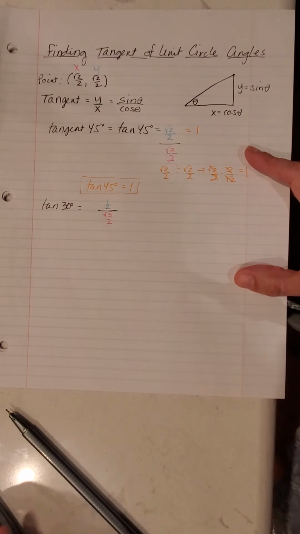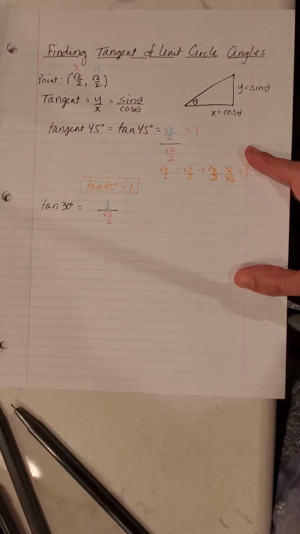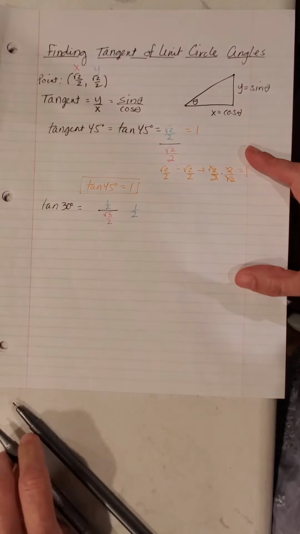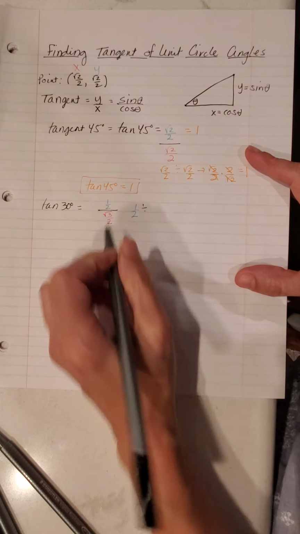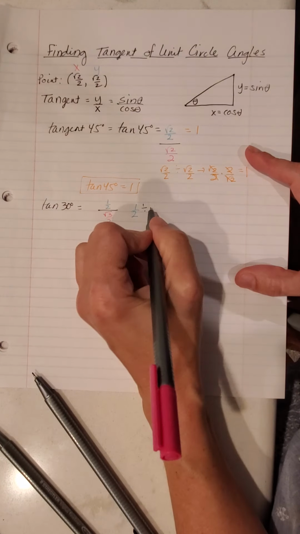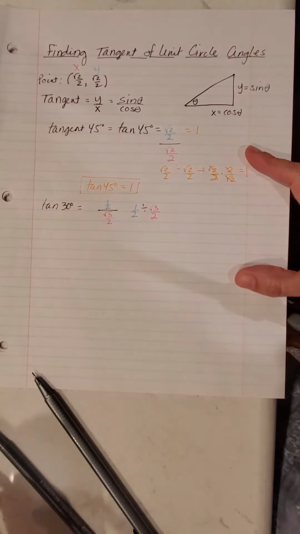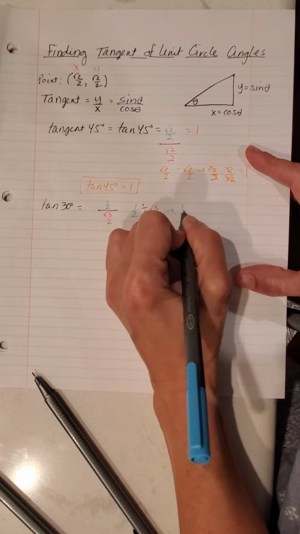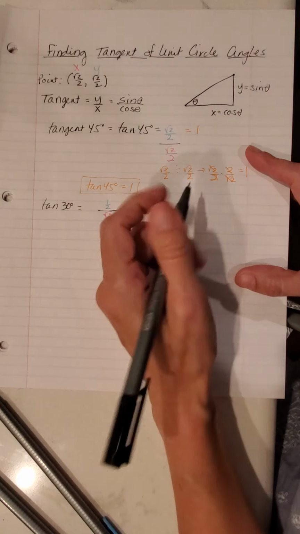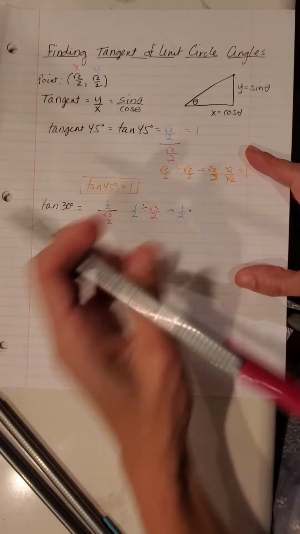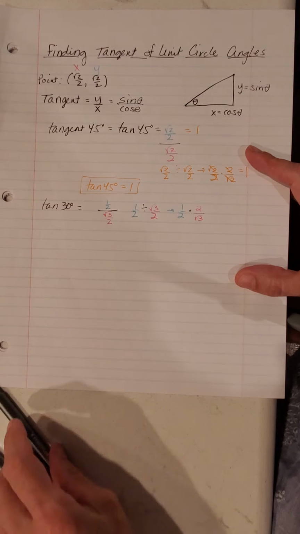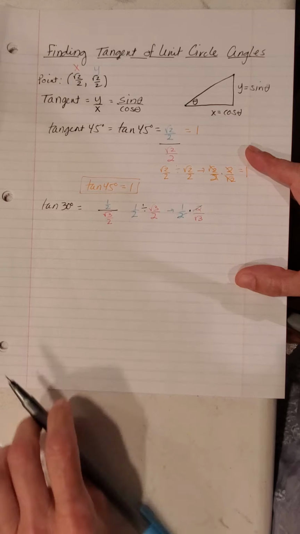And so now I'm actually going to do the division, the fraction division. 1/2 divided by root 3 over 2. And this is good practice with dividing fractions. That's really the same as 1/2 times 2 over root 3. And those 2's cancel out. That's nice for us. And I get 1 over root 3.